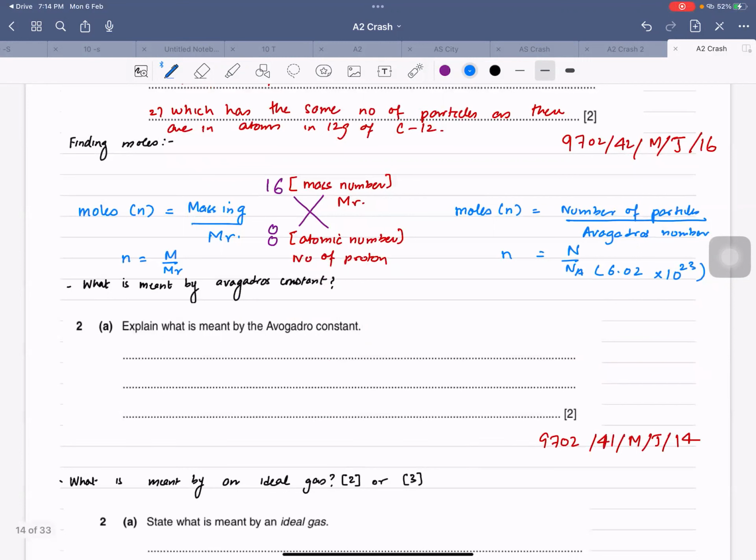And if this question comes, you're supposed to write that they are basically number of atoms in 12 gram. So number of atoms is first mark, second mark is in 12 gram of carbon 12 element or isotope. All right, so you should remember that. That's very important.